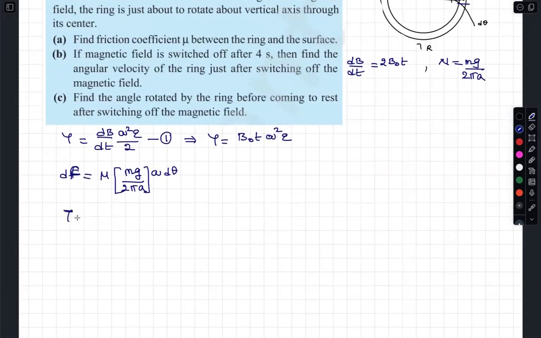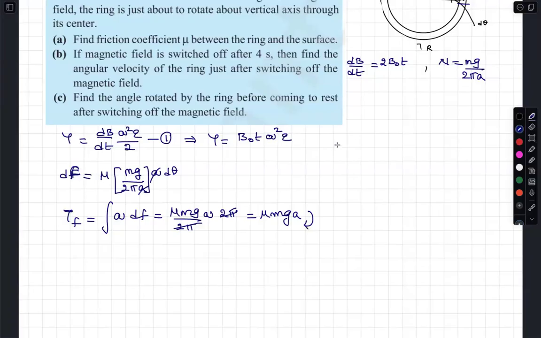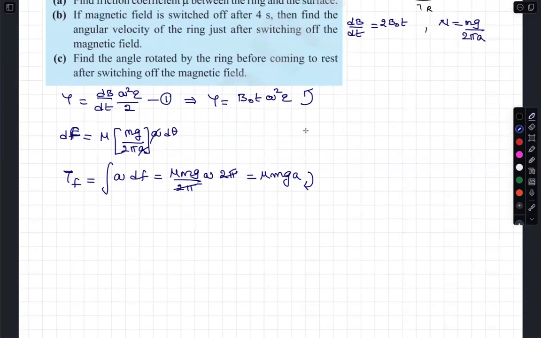Total torque of friction is integral of a df. This is nothing but mu mg/2 pi a times 2 pi, which is mu mga. Remember, this acts in clockwise sense, while the electric torque acts in anti-clockwise sense.